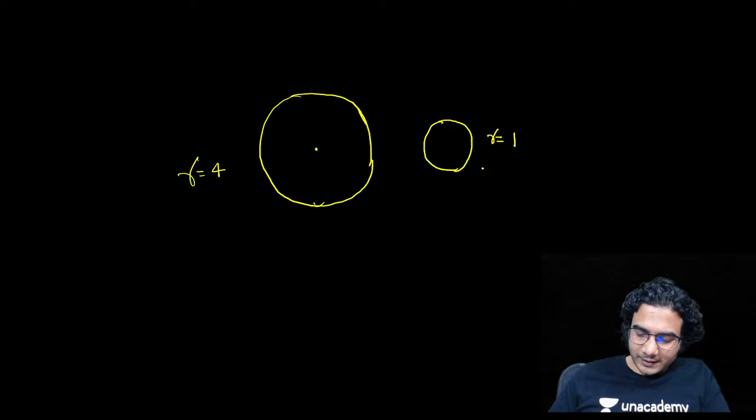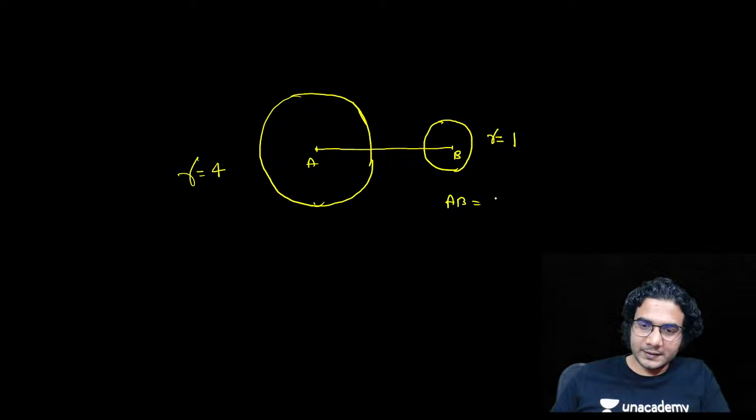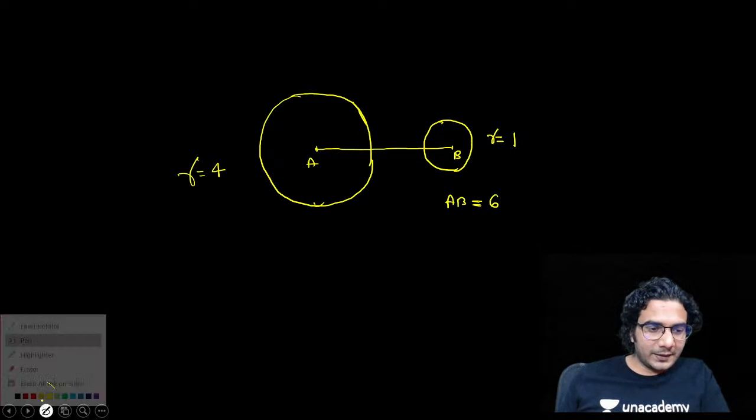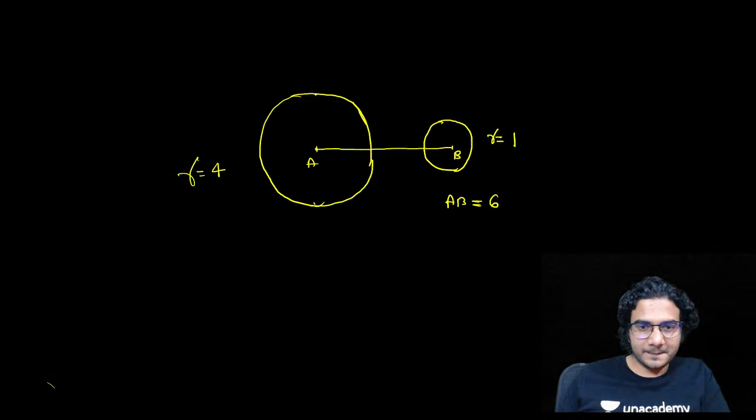And if I join the centers, then the distance between centers AB is given, say 6. Do you know this PQ is a common tangent, huh?